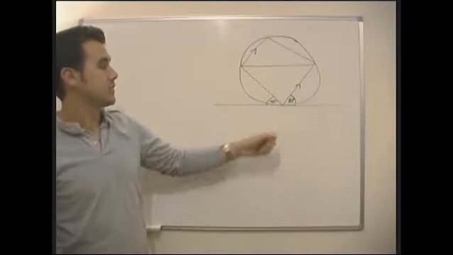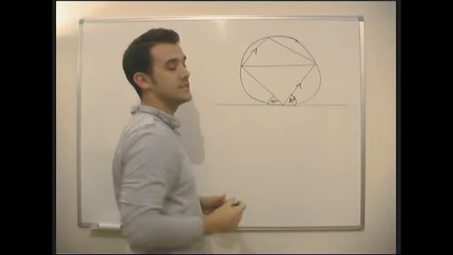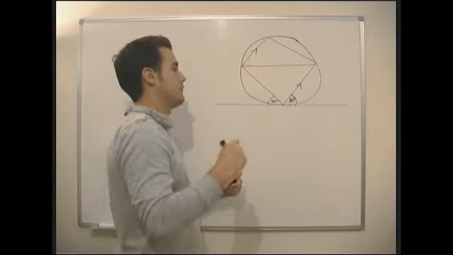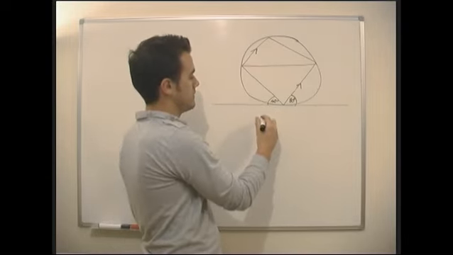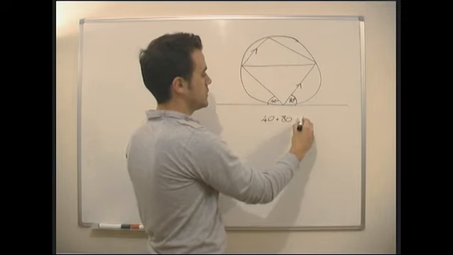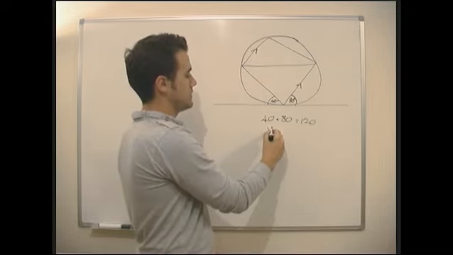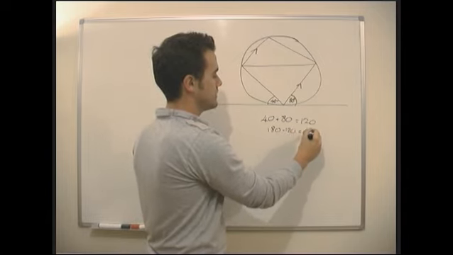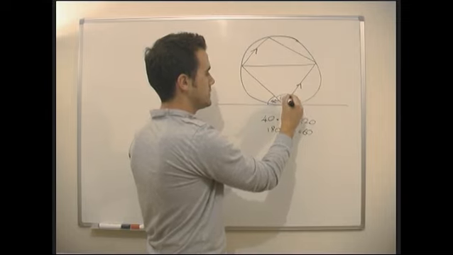Okay, so as if by magic, our sample questions appeared. We've got this tangent across the bottom, we've got 40 degrees and 80 degrees here. So now we need to find all the other angles that we can. So, first off, we see that we've got angles on a straight line. So we know that 40 plus 80 gives us 120. Okay? And 180 minus 120 will give us that angle, which equals 60 degrees. So this angle in here is going to be 60 degrees.